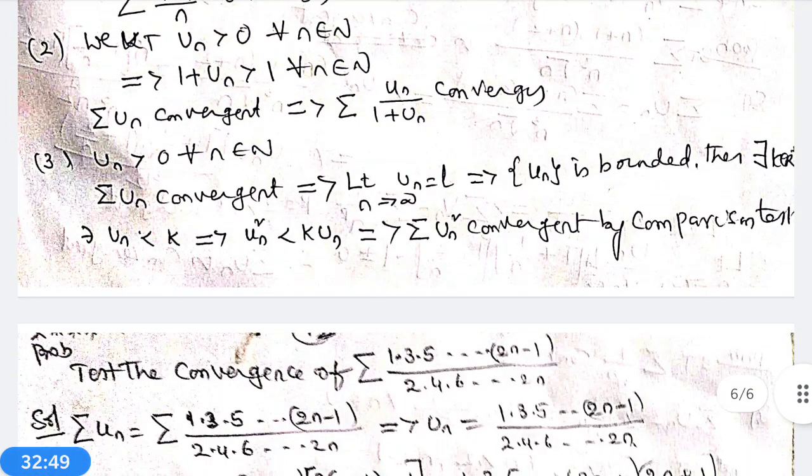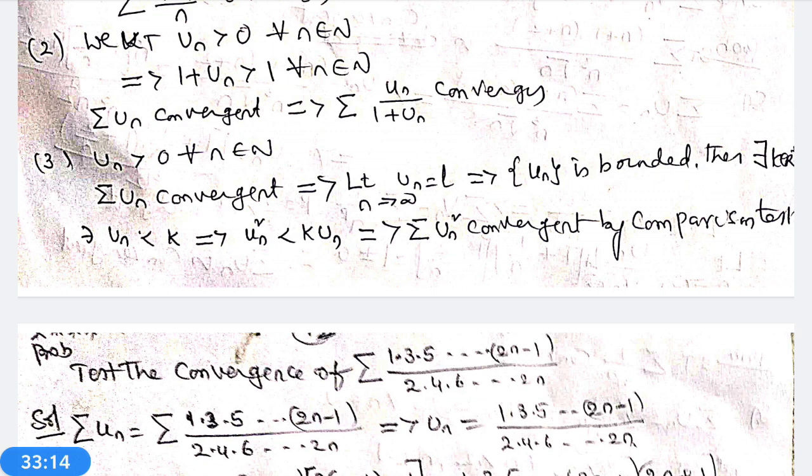Once again, un greater than 0 and sigma un convergent implies limit n tends to infinity un is equal to L. Series convergent means the series is bounded. When it is bounded, sequence un is bounded.